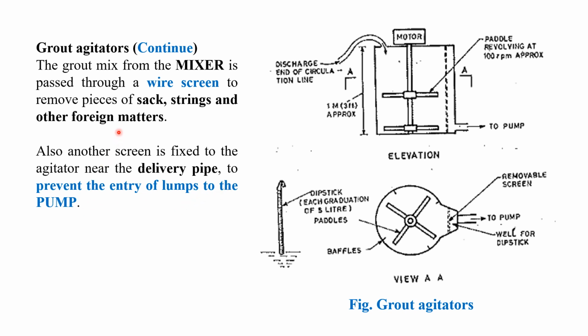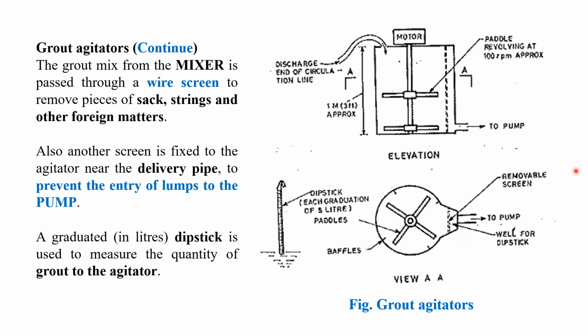So two screens are there: one at this location, so that foreign matter will not go into the agitator, and another at the delivery point, so that the pump will not get any lumps or waste material. Otherwise pumping will be disturbed.